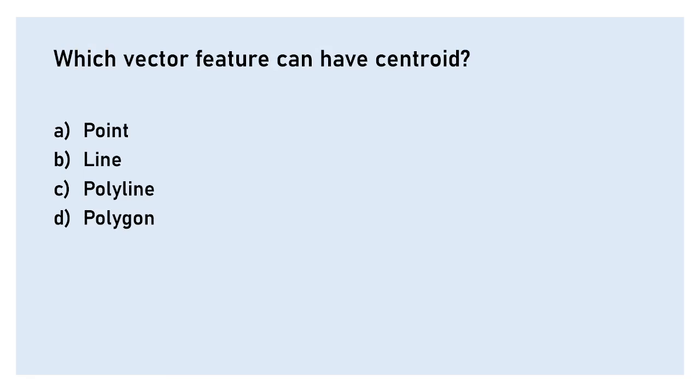Which vector feature can have a centroid? We know that the vector features include point, line, and polygon. So out of these, which can have a centroid?